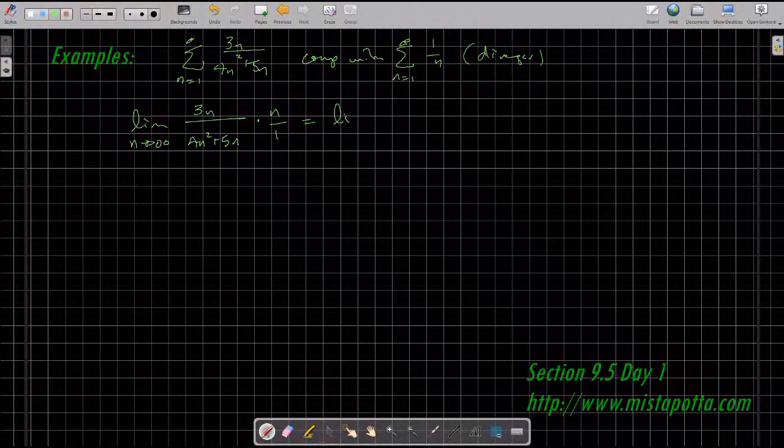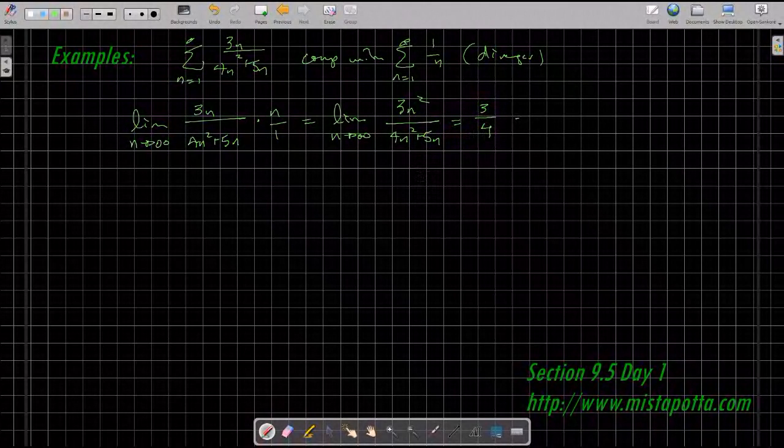So I'm really looking at the limit as n goes to infinity of 3n squared over 4n squared plus 5n. And this limit is 3/4.